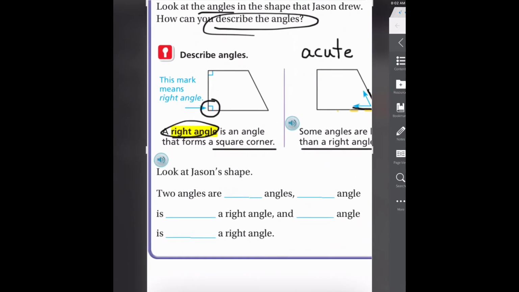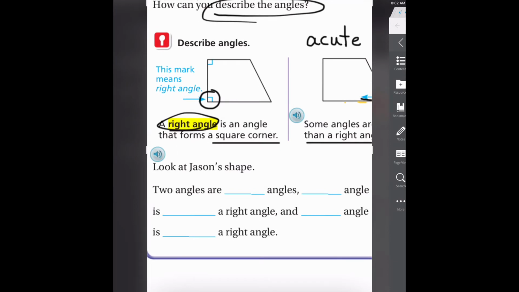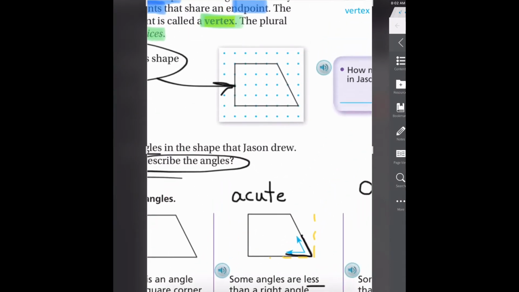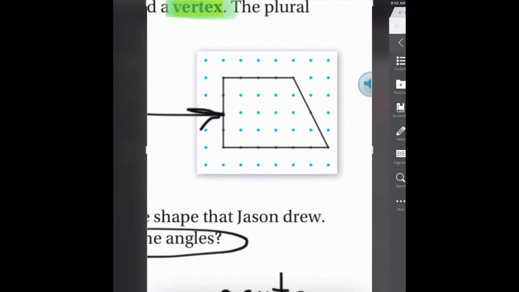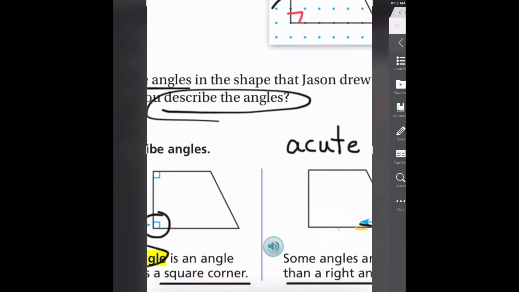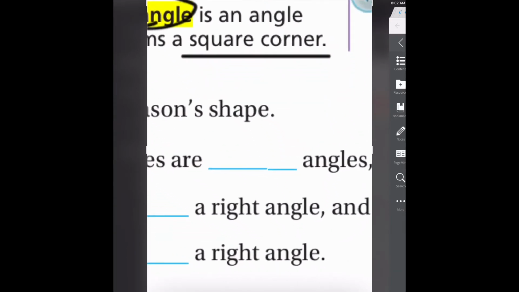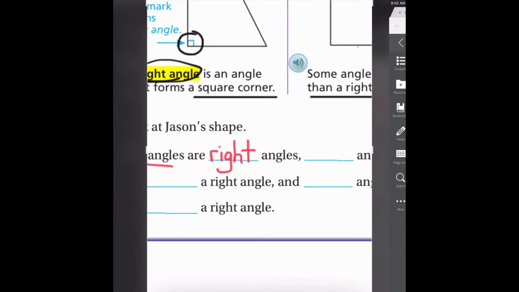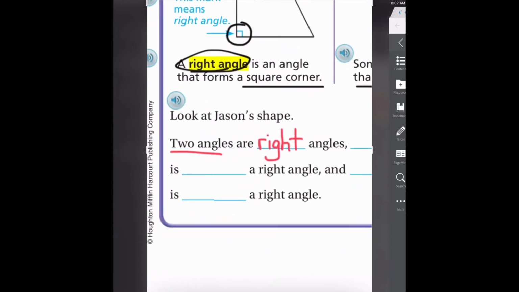So if we look at Jason's shape, it says that two angles are blank angles. So we have two angles that are very similar. That's this one and this one. They're the same angle. Those are right angles. So two angles are right angles. And blank angle is blank a right angle.